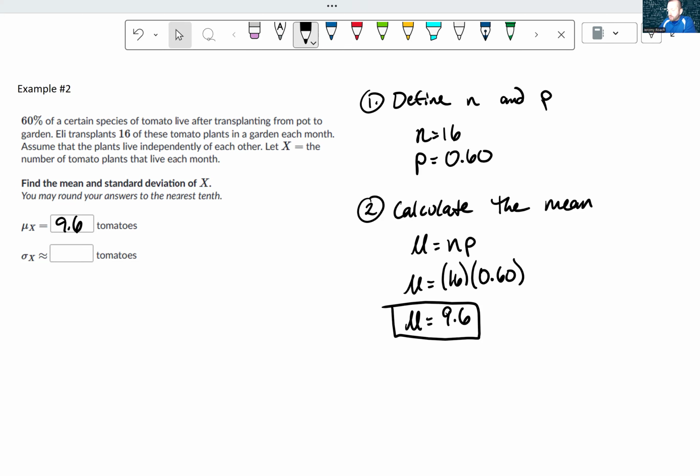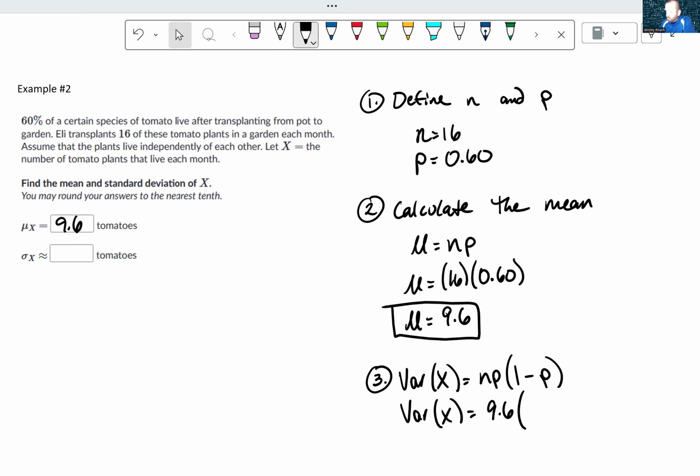Okay, now we've got to find our standard deviation using our new variance formula for binomial random variables. So the variance of X is equal to np times 1 minus p. We already calculated np, which was the mean, and that is 9.6, times 1 minus p, which is 0.40.